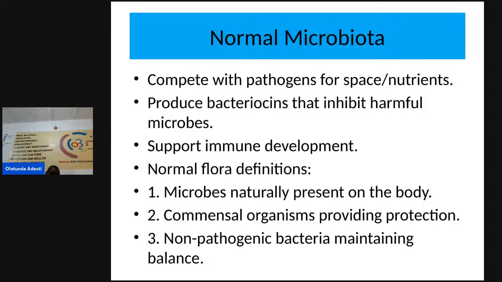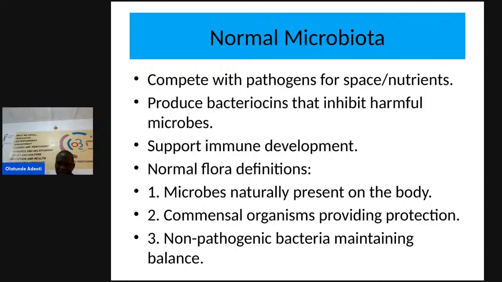Don't forget that we are still considering the innate immune system. I have defined immunity for you as the state in which the immune system is capable of removing or fighting against the entry of microorganisms. Okay, now what do we mean if we talk about normal flora? Normal flora are microorganisms that are naturally present in the body.